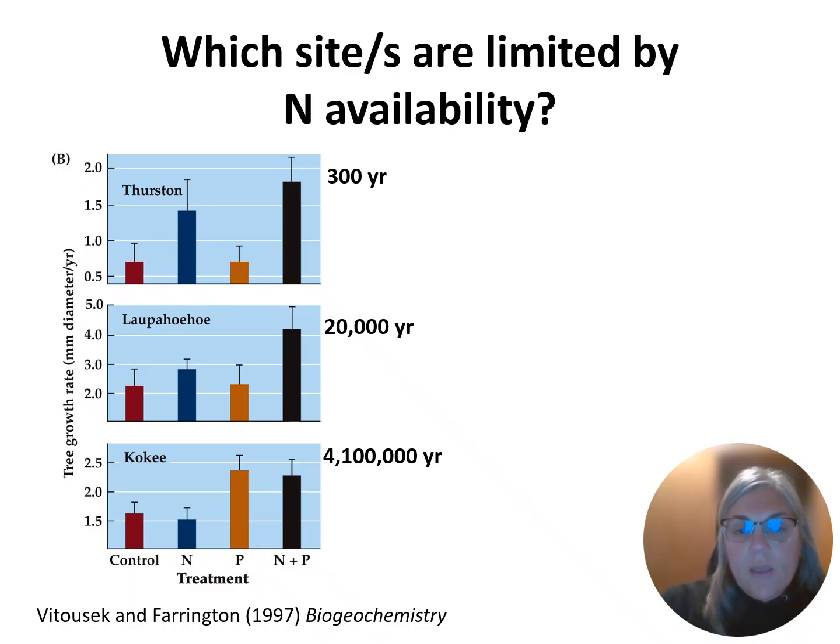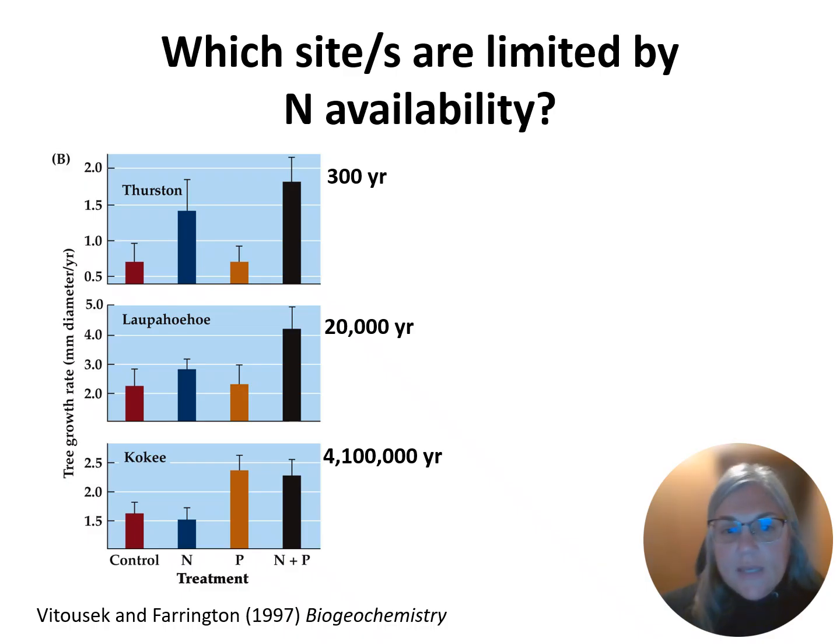If we look at the intermediate site, it's kind of hard to tell, but it does look like there was a slight increase, but maybe not statistically significant because those error bars are overlapping. Now let's look at the oldest site. When we're looking at the nitrogen addition, it looks like there really wasn't any change relative to control.